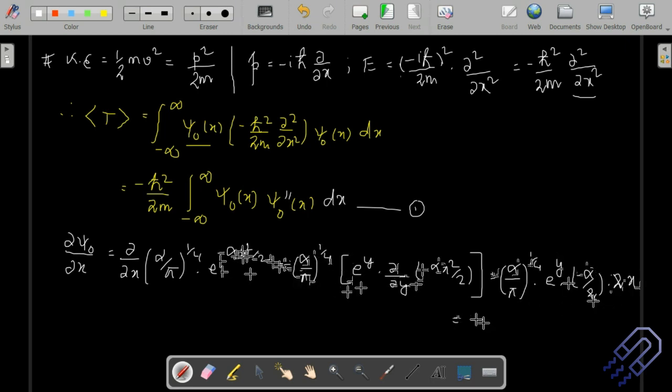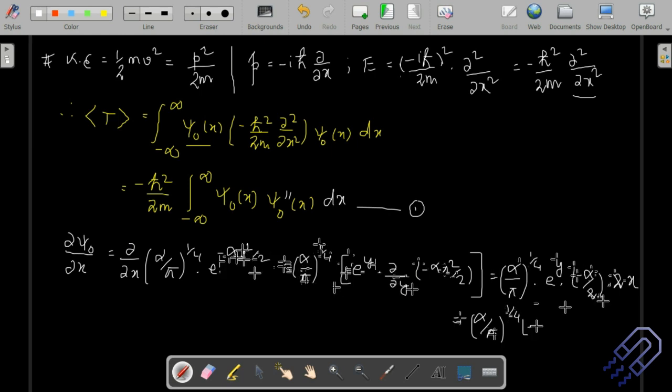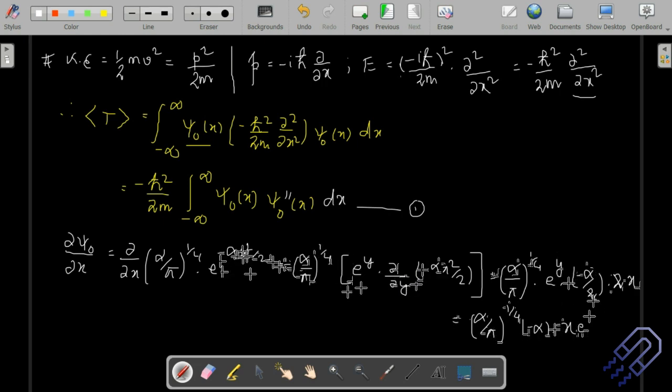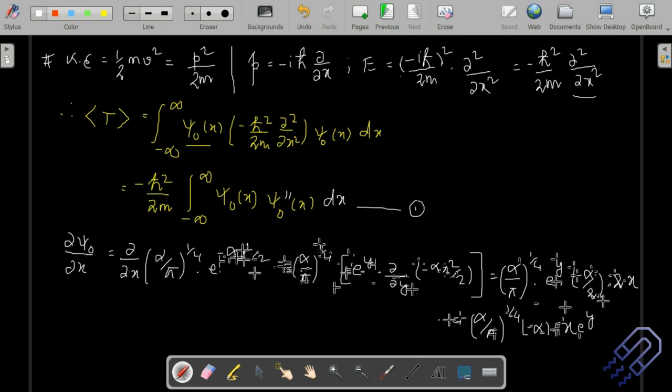So this finally would be nothing but alpha divided by pi to the power 1 by 4 into minus of alpha. I've taken the constant separate, and then these are the terms that I have. So it will be x e to the power y. Let it remain as y. Y is this. Let it remain as y because I'm going to differentiate it again. So after that we'll put the final result.